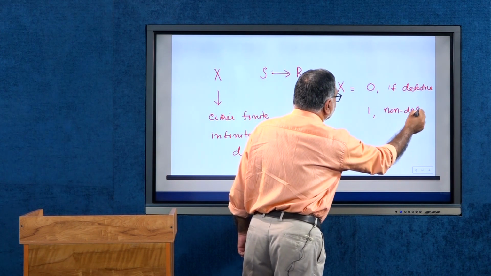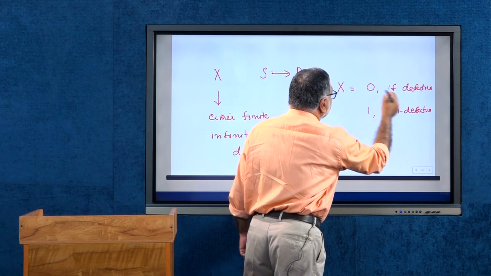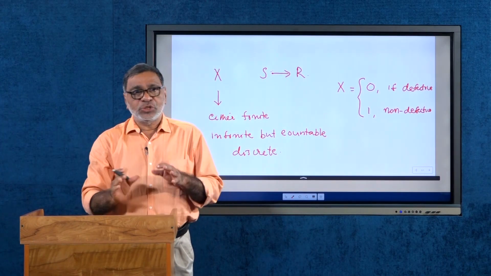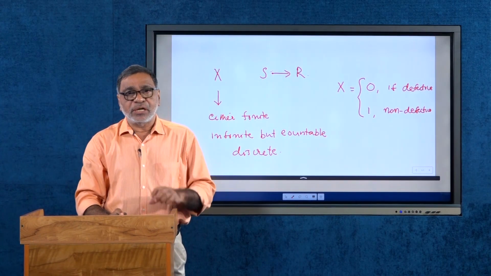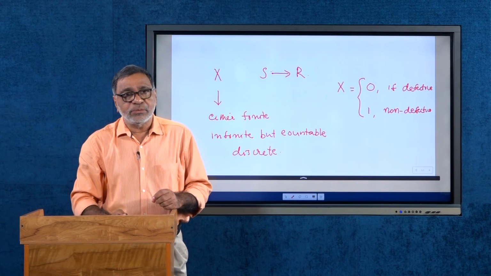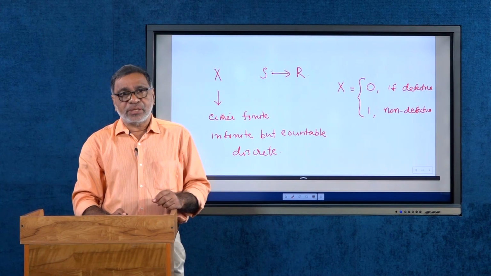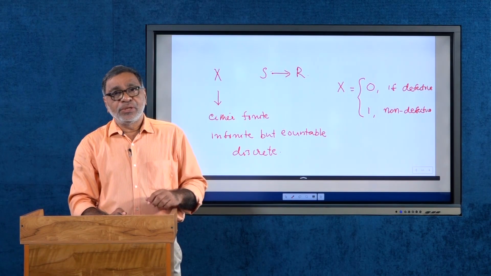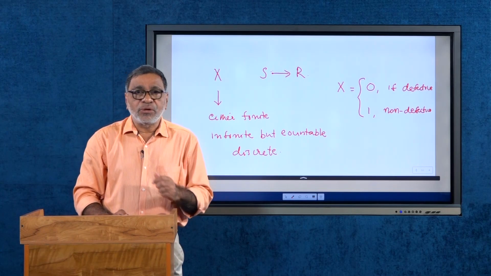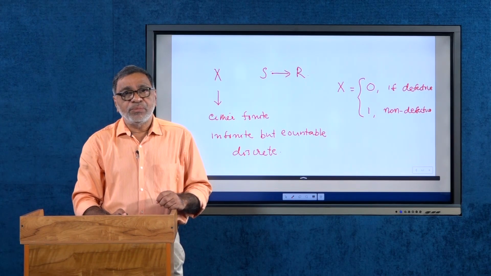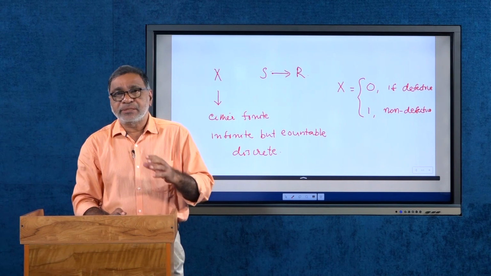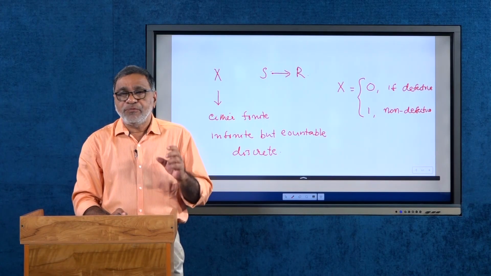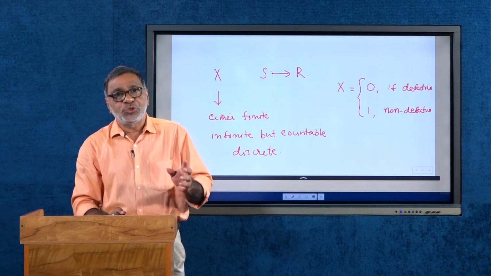So you are drawing items from a box containing both defective and non-defective items, and x is 0 if the item selected is defective, and if the item is non-defective, the value of the random variable is 1. This is a simple example of a discrete random variable, because this random variable has a finite number of values, only 2 values.